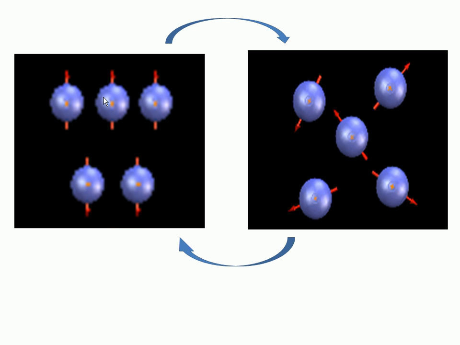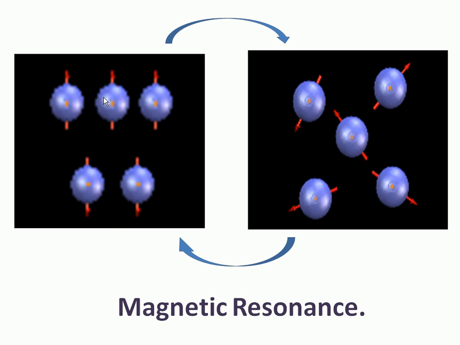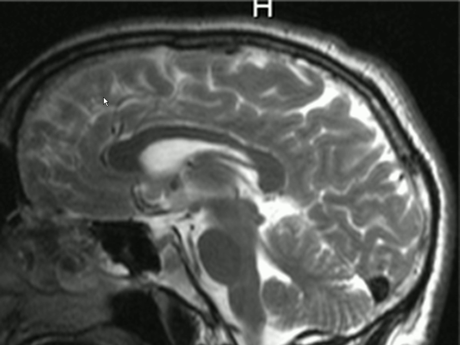When you give a magnetic impulse, all of them become aligned to one axis, and when the pulse is taken off, they all go back to this. This magnetic dance is what we call magnetic resonance, and this is used to get your impulse for MRI. So if you have a brain like this, you are looking at the proton content and the amount of tissue fluid there, and it gives an image like this.